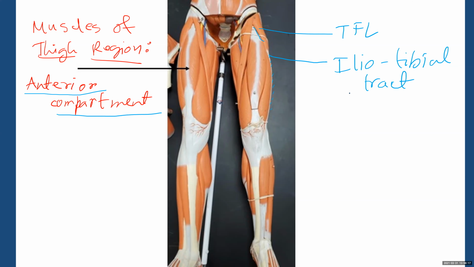I prefer tract, but some call it band, and that's okay too. Also here, right around the patella, all of this that we are looking at is the patellar tendon.